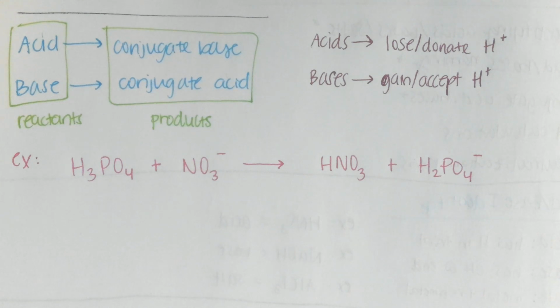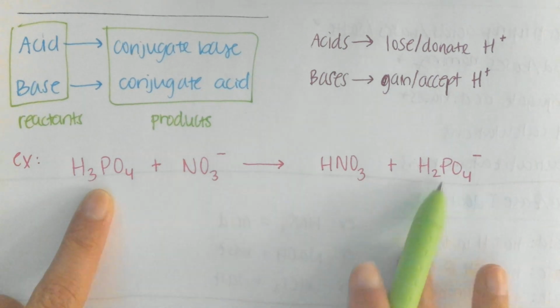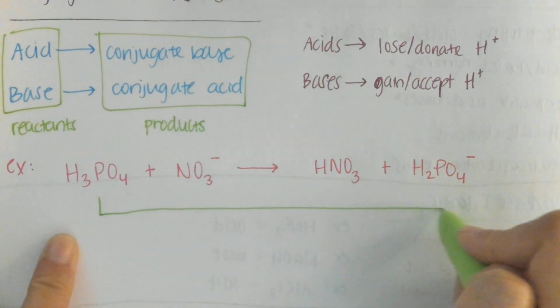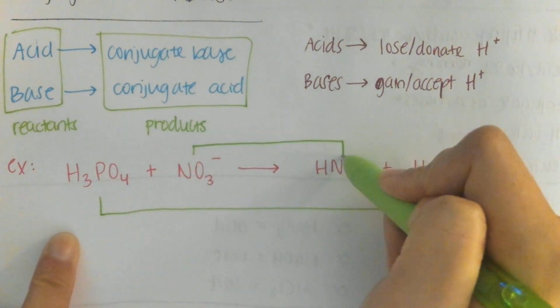So the first thing you need to do is a little matchy-matchy, and then you label. So H3PO4, what does it match with? H2PO4, which automatically makes NO3 match with HNO3.